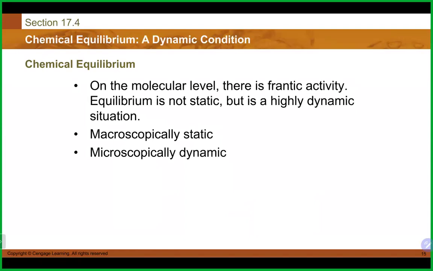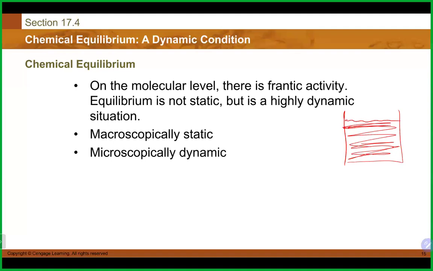Now, when something reaches chemical equilibrium, like I said, it may appear to you that the reaction is over. So, for example, you may mix some things together and this reaction may hit equilibrium and your beaker may just look red. Maybe it wasn't red to begin with, but it turned red. And when you look at it, you may go, well, this reaction's over.